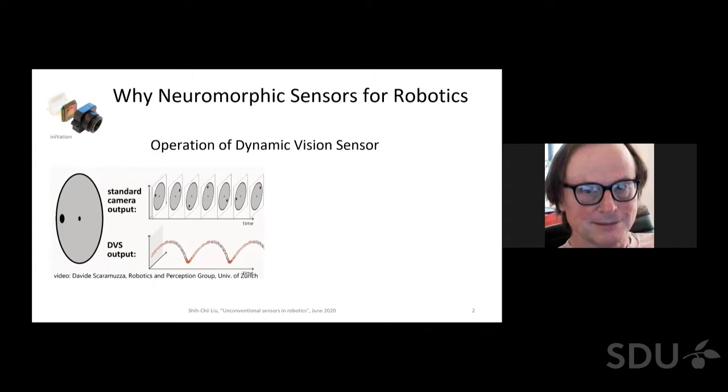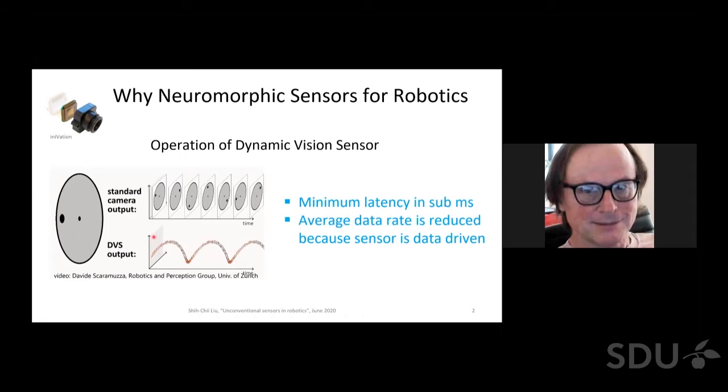If you have a rotating disc with a dot, the output of a standard camera is a set of frames that look pretty redundant, except for where the dot is in a different spatial position for each frame. But the dynamic vision sensor output is a sparse stream of asynchronous spikes that come from the pixels that see the moving dot.